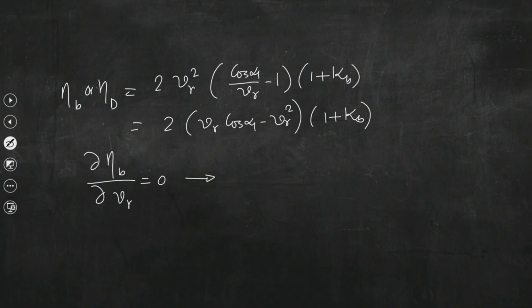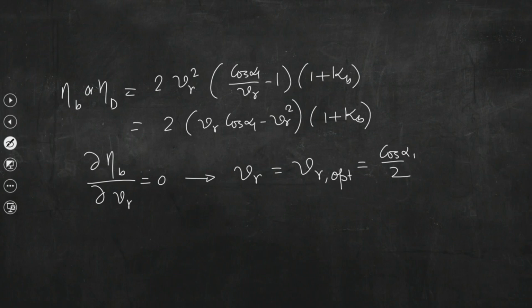Then we will get Vr equal to Vr optimum, and that is cos alpha 1 by 2.